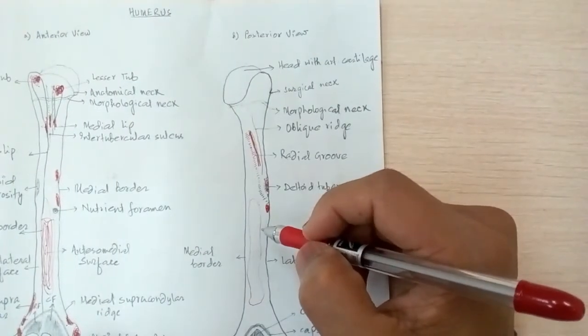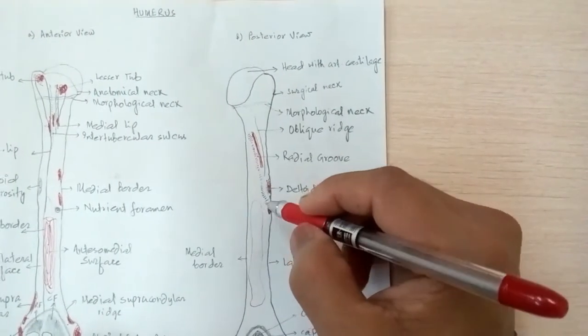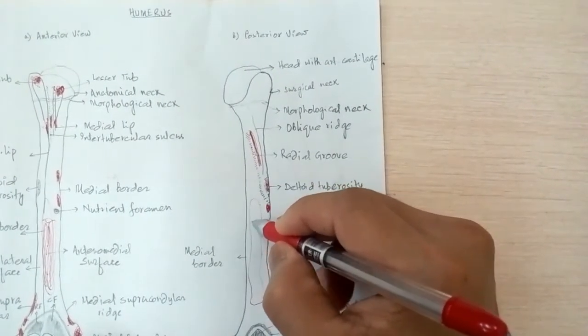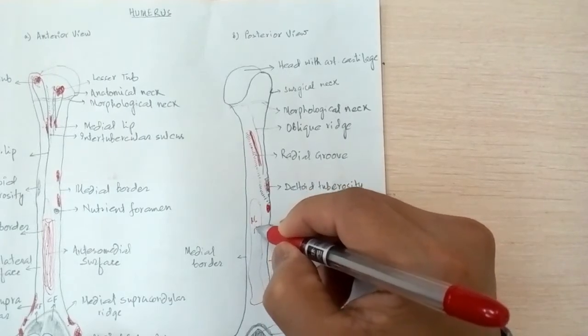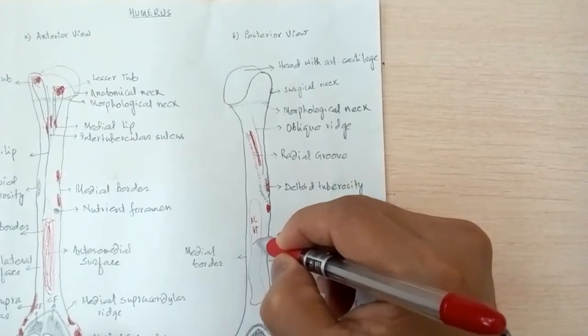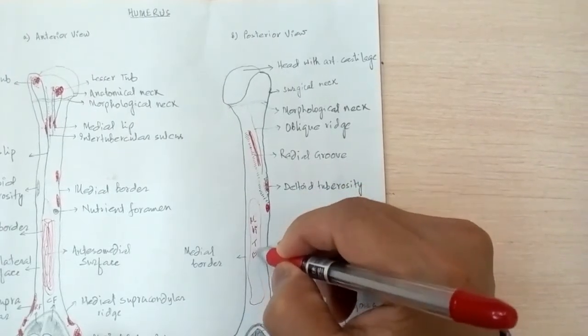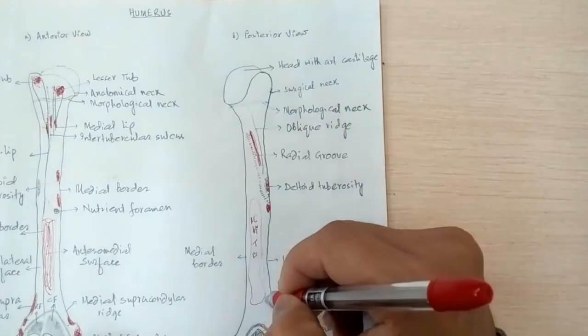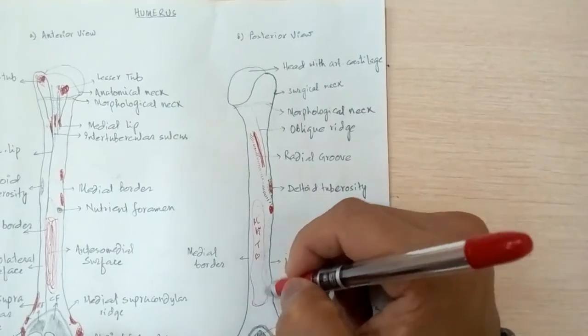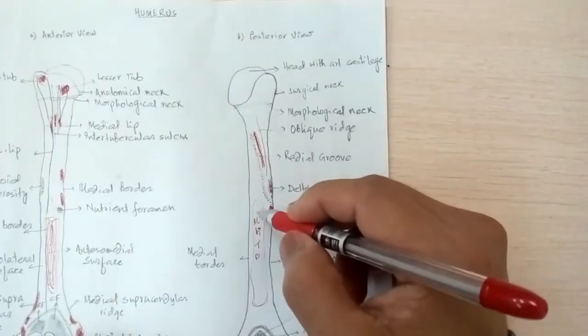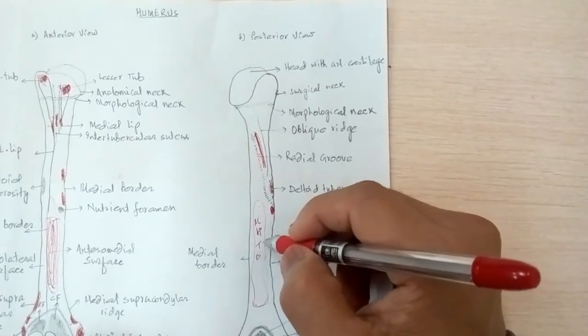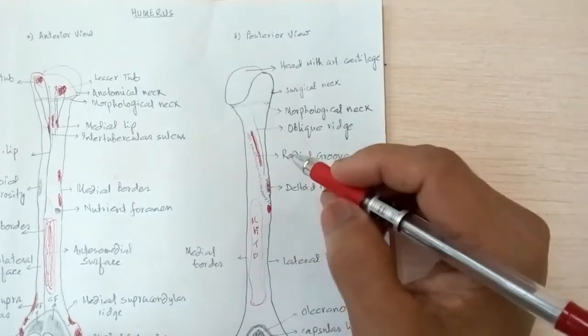Here is the triceps brachii, the medial head of the triceps brachii. The medial head of triceps brachii occupies the lower half of the shaft on the posterior aspect of the humerus.